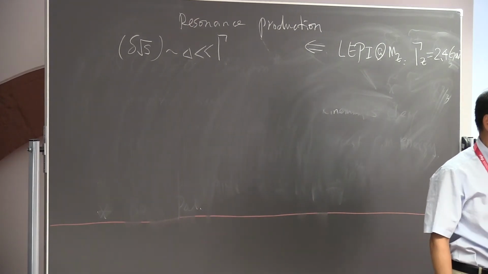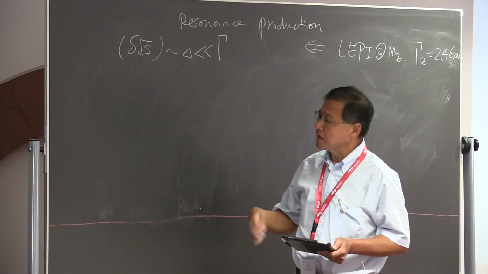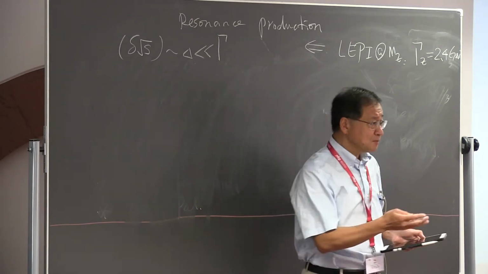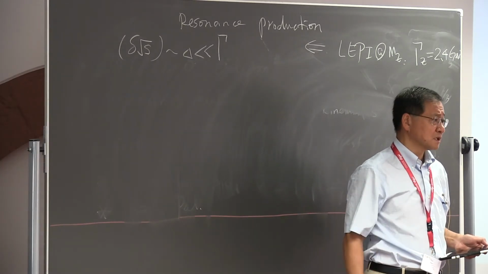So 10⁻³ energy resolution is a few hundred MeV, much smaller than this. So you really have a delta function delivery.